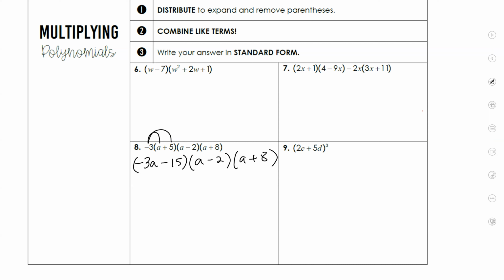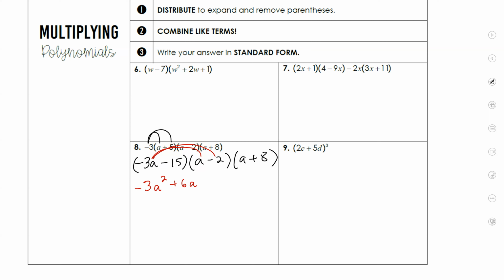Then I'll do the second one. I'll do both of these together. So -3a times a, what would that be? Yep, -3a squared. -3a times -2. Yep, 6a. We're foiling.